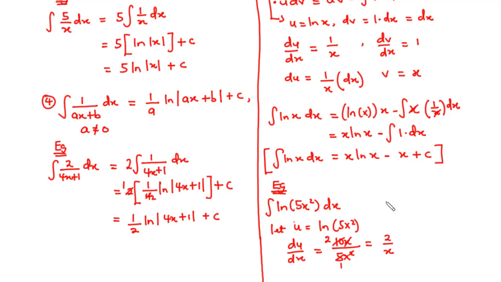And again, we have dv to be equal to 1 dx. And so we are going to have v to be equal to x.